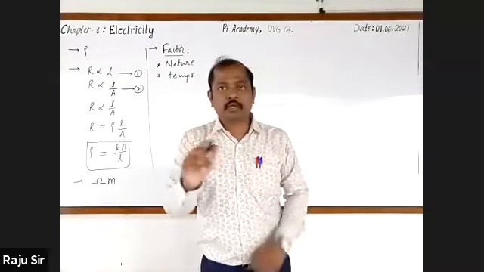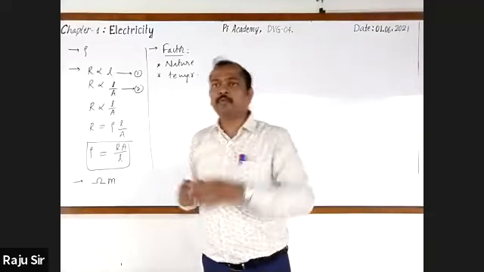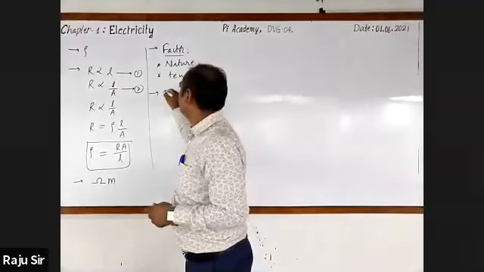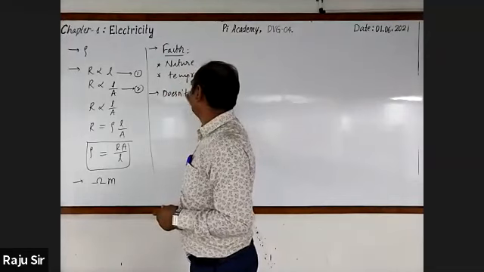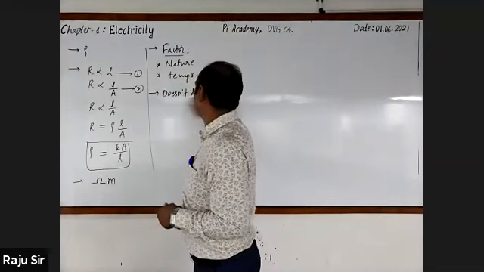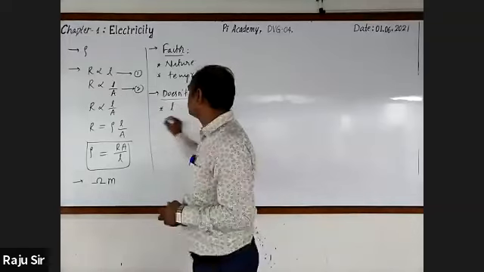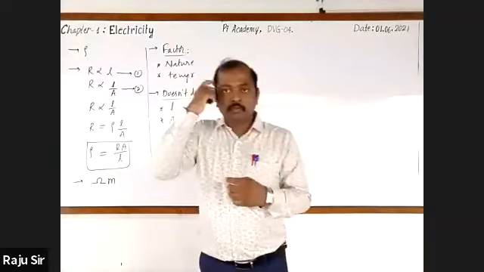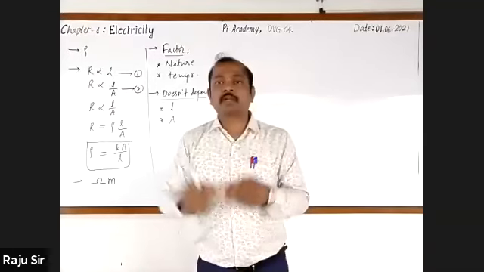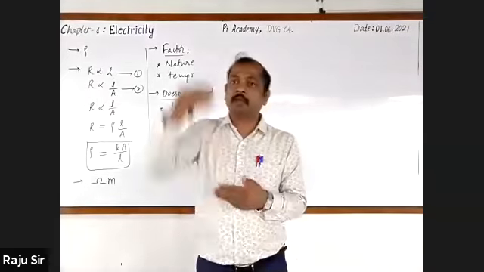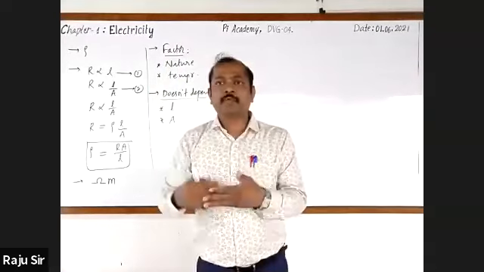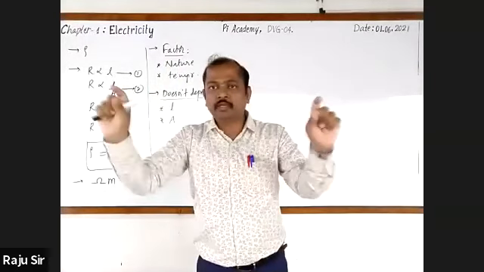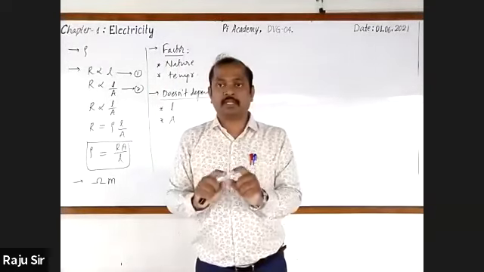It also does not depend on two factors. Obviously, one is length, second one is area of cross section. Because we know that resistivity is used as a comparison by taking a number of conductors having unit length and unit area of cross section.